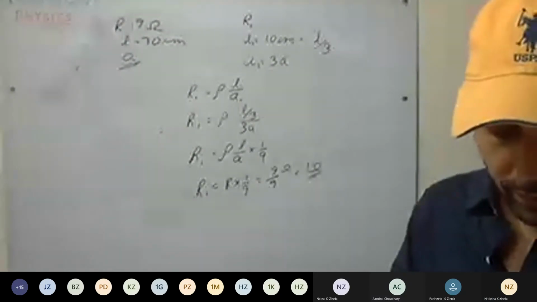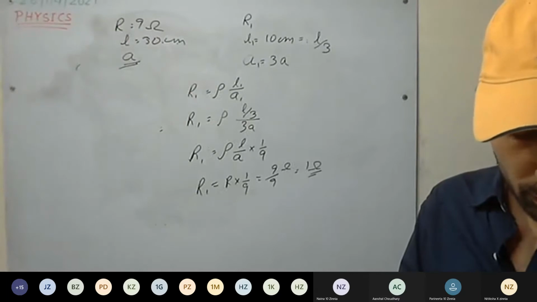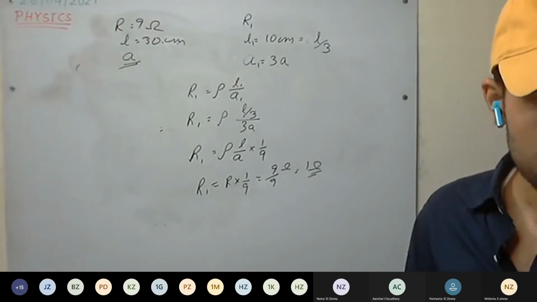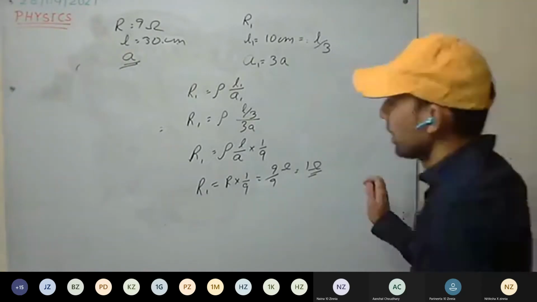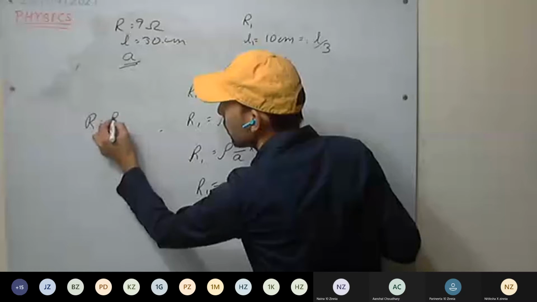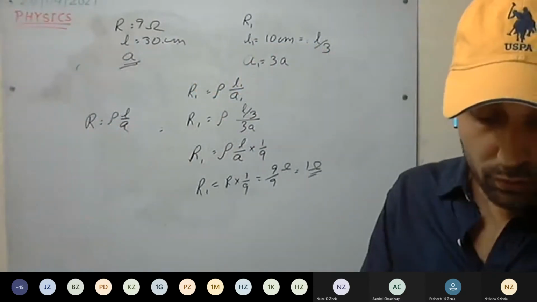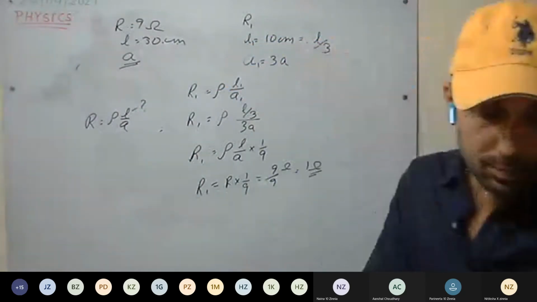What length of copper wire of this specific resistance and radius 1 mm is required to make its resistance 1 ohm? That you can do yourself. R equal to rho L by A, and L you have to calculate.